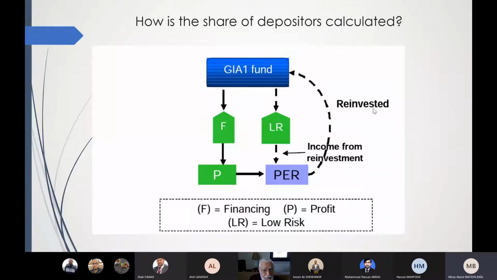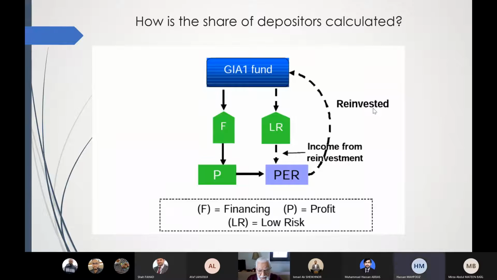From the profit of the Mudaraba account. Yes, and that profit is first distributed based on the weightages according to the tenure of the deposit. If the deposit is saving or checking, that's a different issue, and that is controversial. There are many discussions on whether you can discriminate according to time or not, and how you make the effective discrimination.